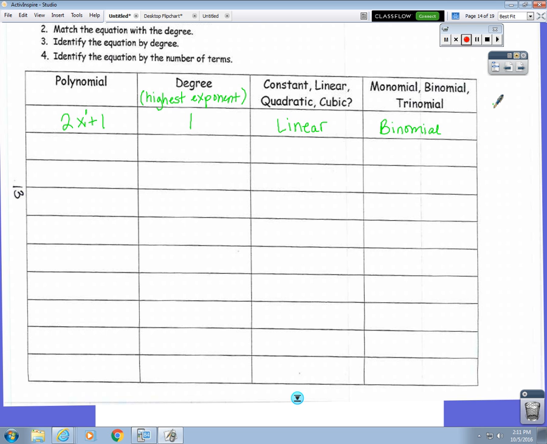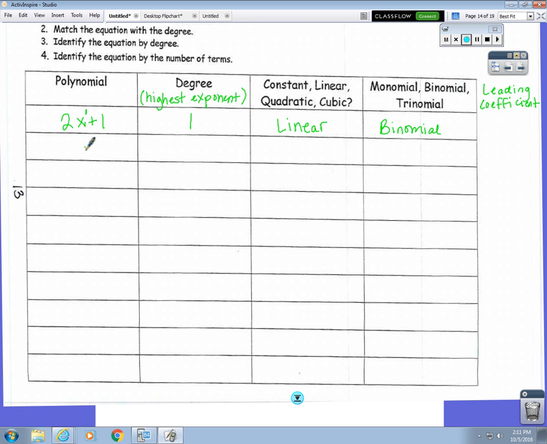Okay, now something they didn't put on the chart that we are going to add is the leading coefficient. So just add this at the end, leading coefficient. The leading coefficient is the very first coefficient you get to when the polynomial is in standard form.